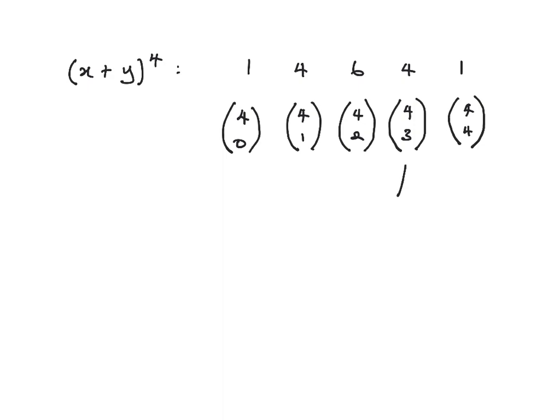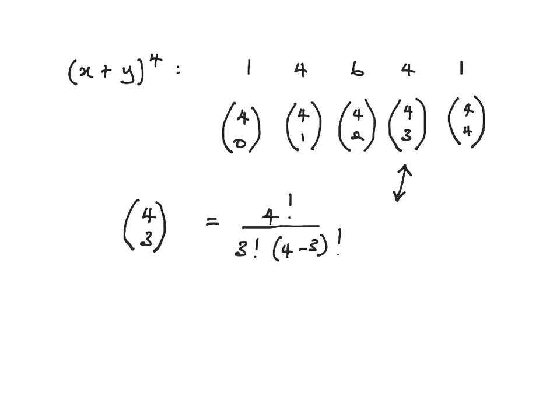Let's take this one here. So 4 choose 3. Well, the formula tells us it's 4 factorial over 3 factorial, 4 minus 3 factorial.